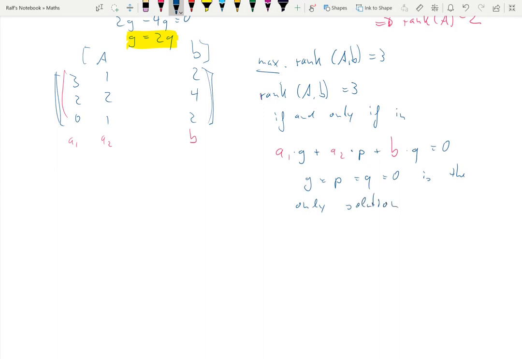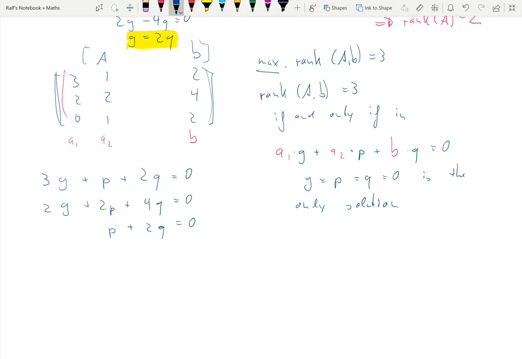So let's go through the same process. We write down this equation system. So we get 3 times G plus P plus 2 times Q is equal to 0, 2 times G plus 2 times P plus 4 times Q is equal to 0, and P plus 2 times Q is equal to 0.